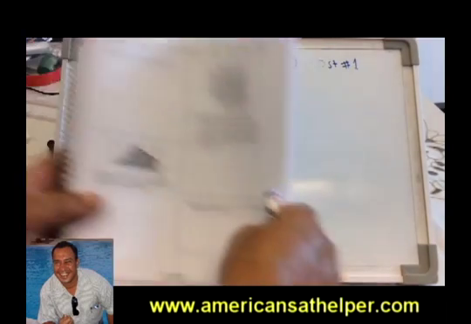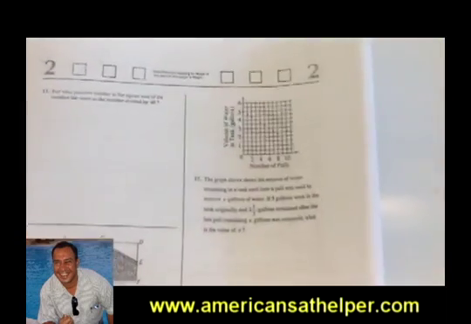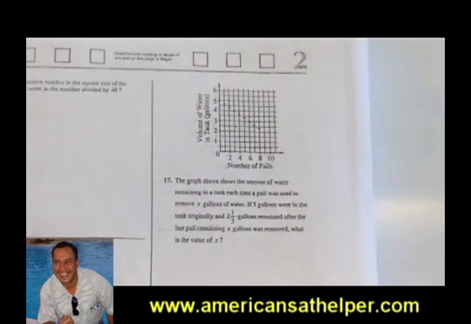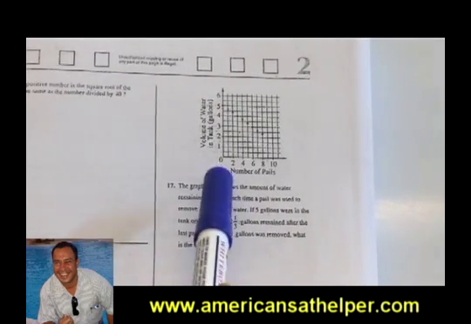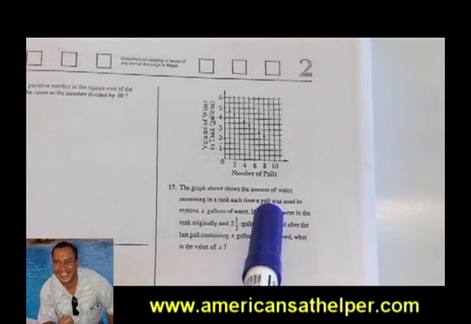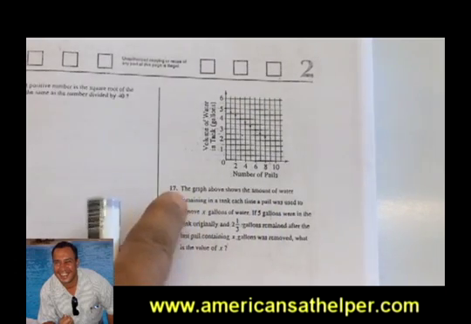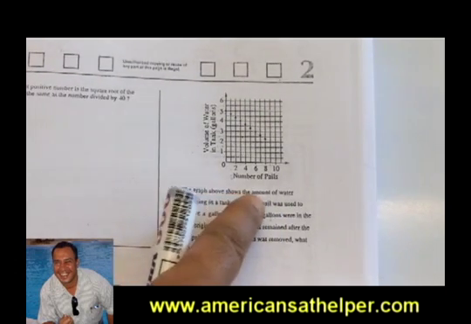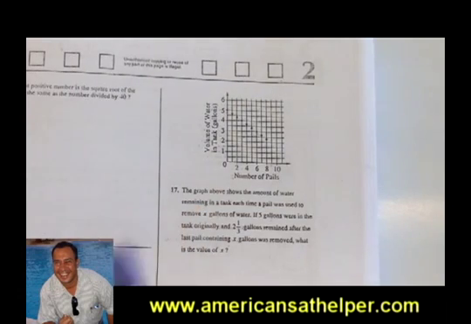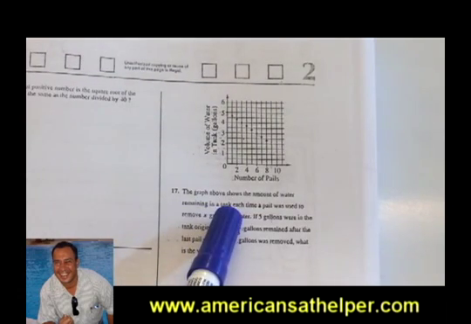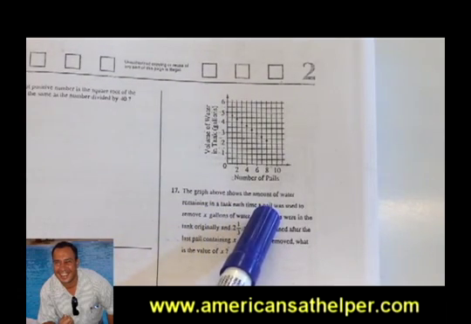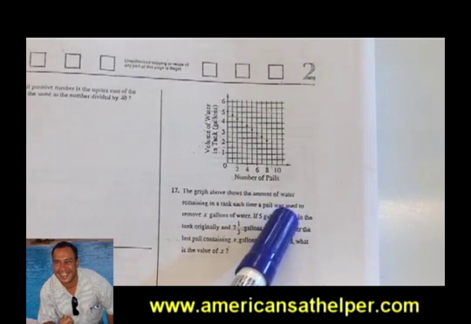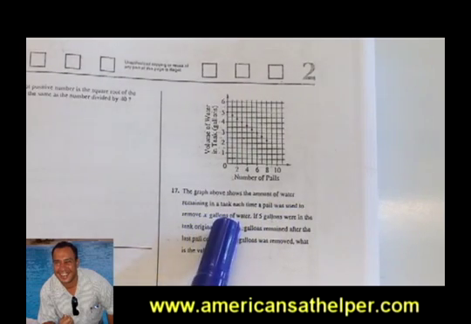Problem number 17 states that we have a figure. You can see the figure. And the problem states the graph above shows the amount of water remaining in a tank each time a pail, it means one pail, was used to remove X gallons of water.